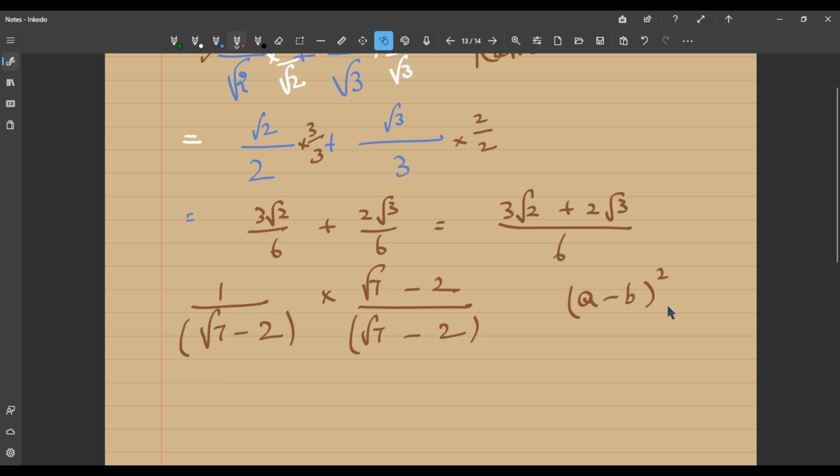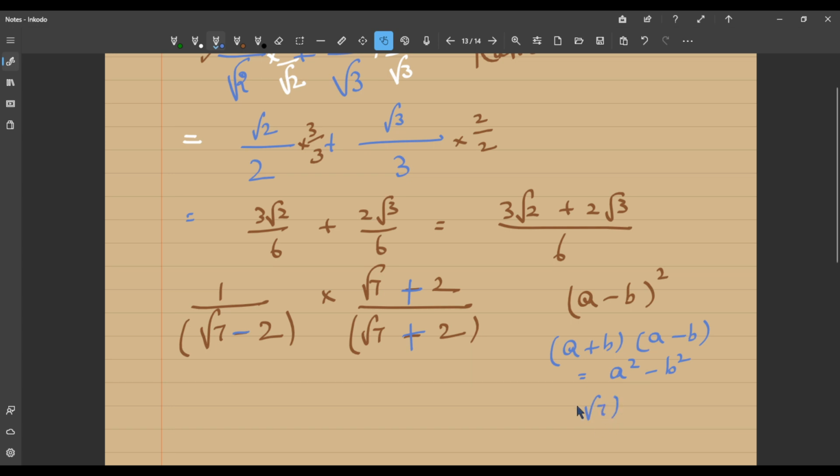So let us try multiplying by root 7 plus 2, root 7 plus 2. Remember, this is minus and this is plus. So now this is in the form a plus b into a minus b, which is a squared minus b squared, isn't it? So you get a is root 7.